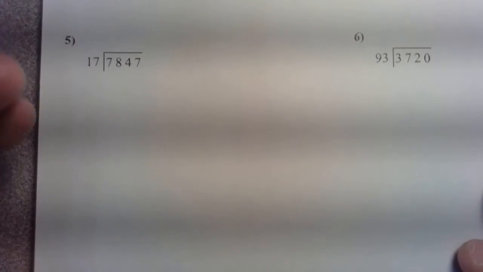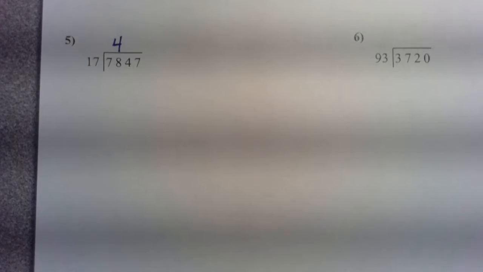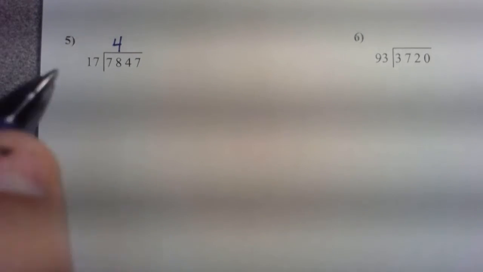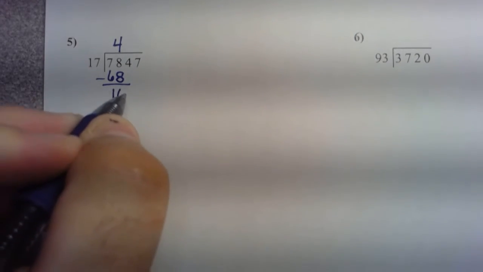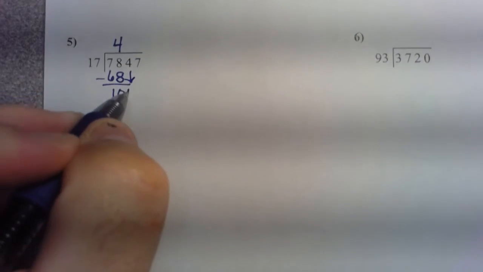How many times? 4. So 4 is going to go there because, again, you just take the whole number there. That's where we get the whole number. Multiply 4 times 17. 68. Minus 78 minus 68. Okay. 4.